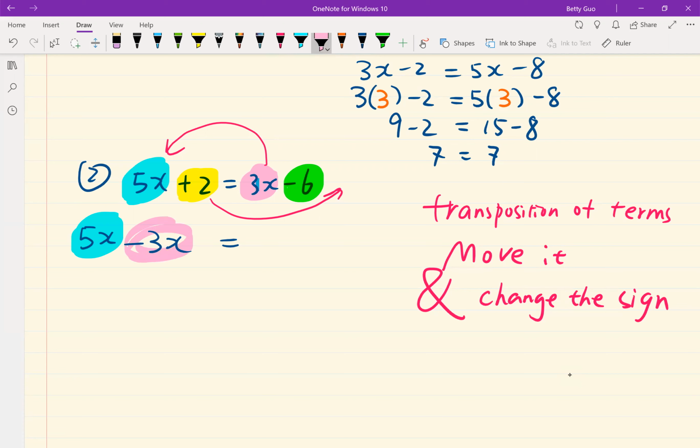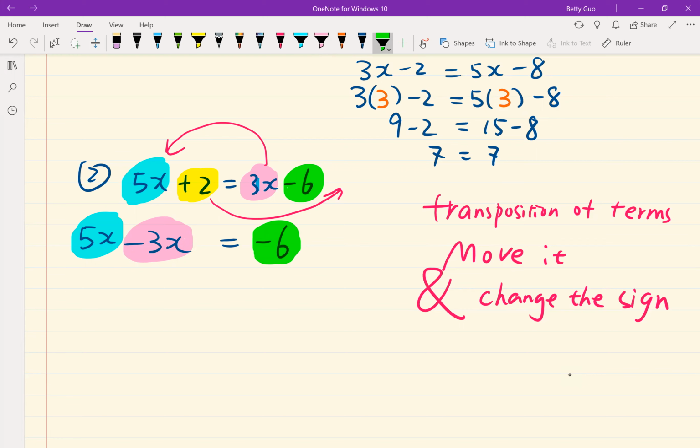You move the pink part over, you flip the sign in front of it. So 3x is positive on the right and negative on the left, right? So you move 3x from the right to the left, it becomes negative 3x. The negative 6, the green one, stays. I hope you can repeat the video to really grasp this technique.